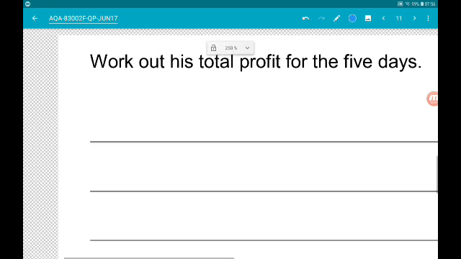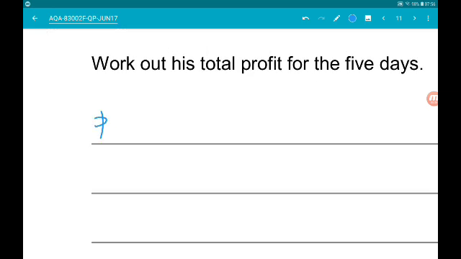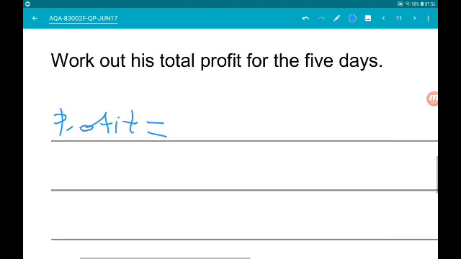Okay, so profit is money that you make after you've made back what you had to spend. So here it is sales minus his costs.